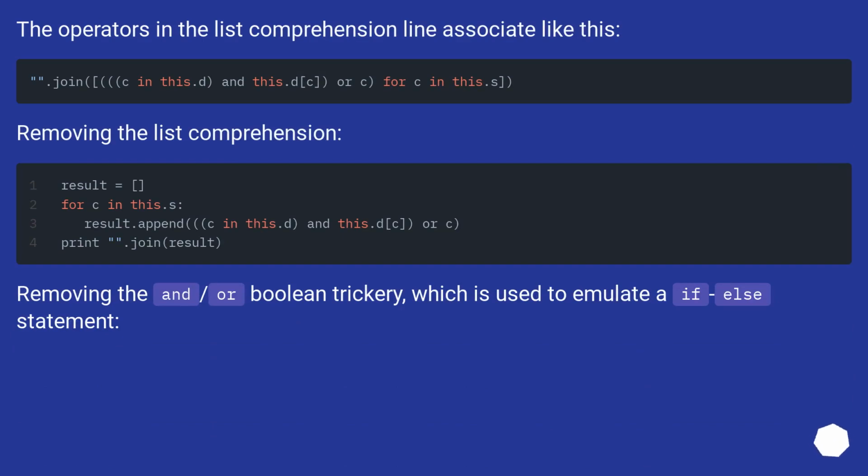The operators in the list comprehension line associate like this. Removing the list comprehension. Removing the and-or Boolean trickery, which is used to emulate an if-else statement.